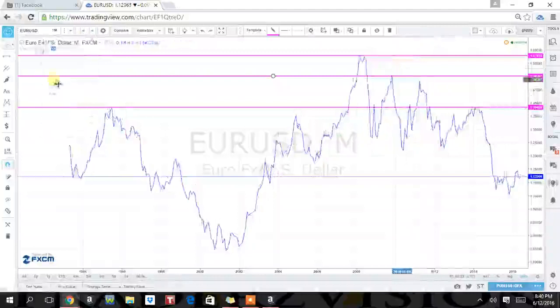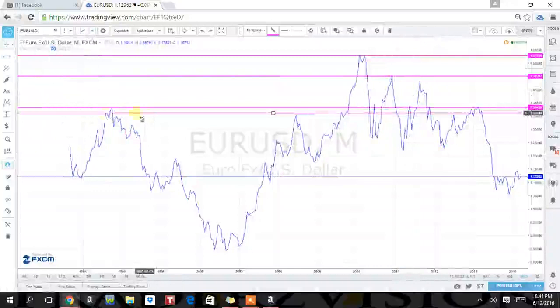Go back to the line chart. Let's see. I would say, let me see, line these up. I would say right here as well because it fails right here.